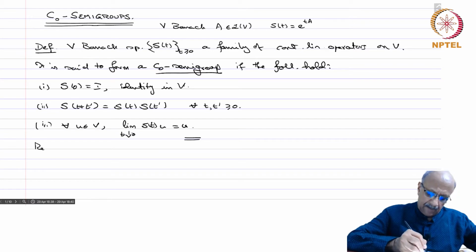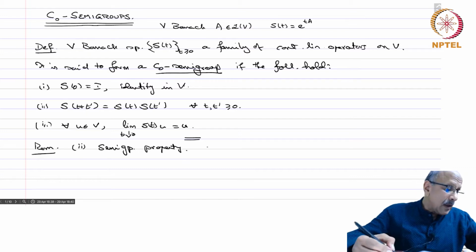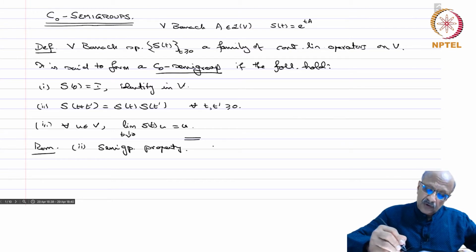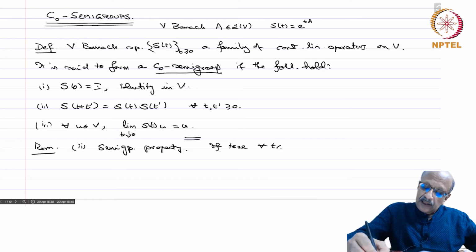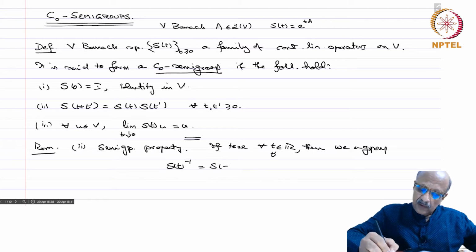So remark, 2 is called the semigroup property. And if this is true for all t in R, then you have t dash in R, and we have a group, and you have S(t) inverse is S(minus t).